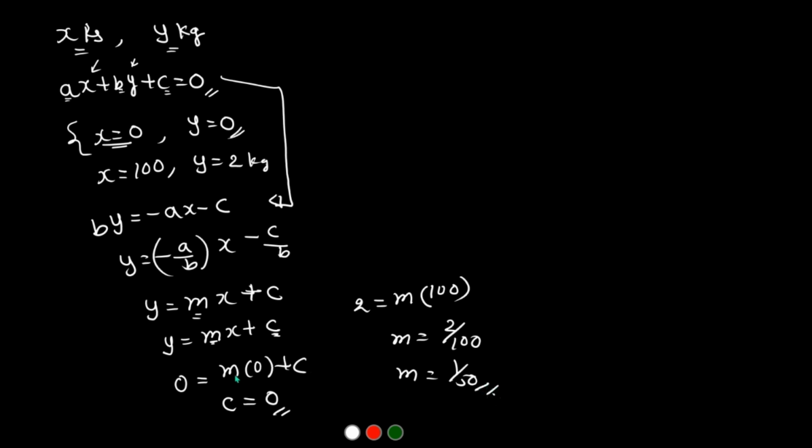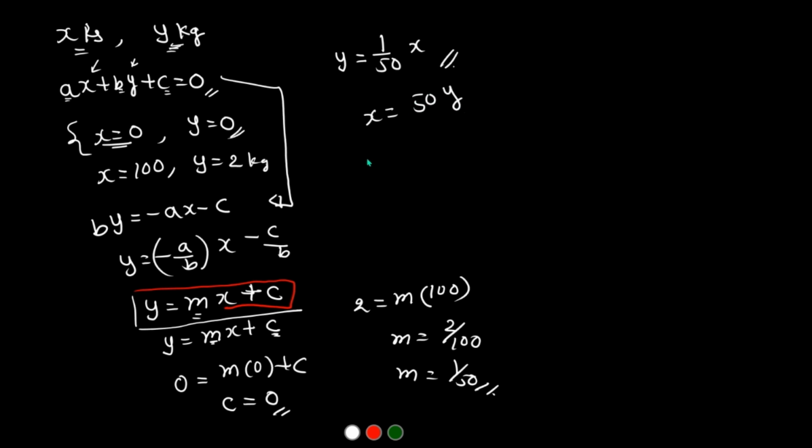Okay, so let's substitute both m and c into the main equation. y is equal to 1 by 50 into x, and c anyhow is 0. Sorry, y is the number of kgs of apples you get, and x is the money you have, so x is equal to 50 into y.